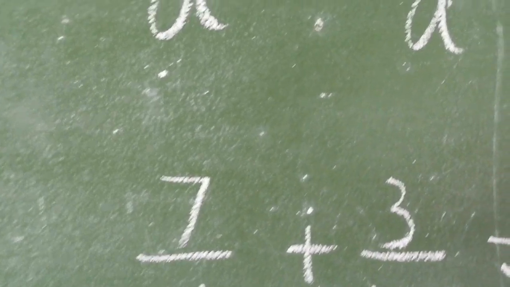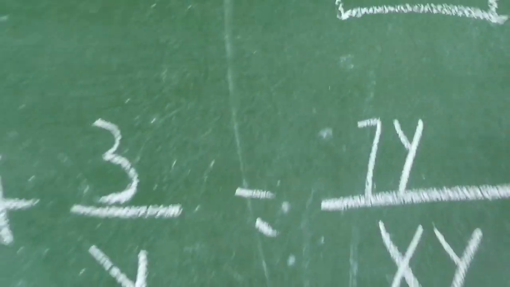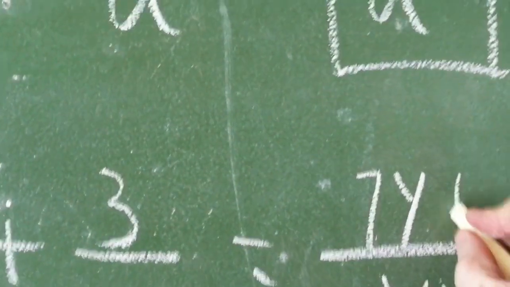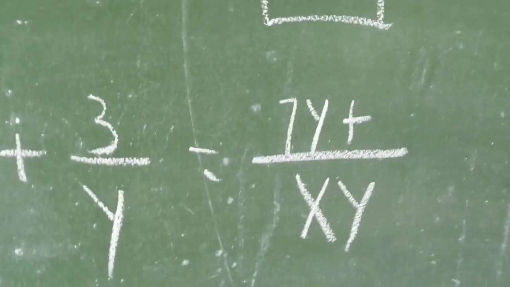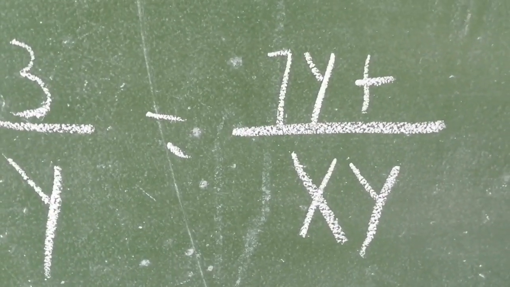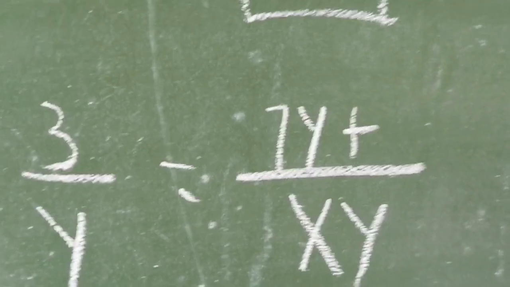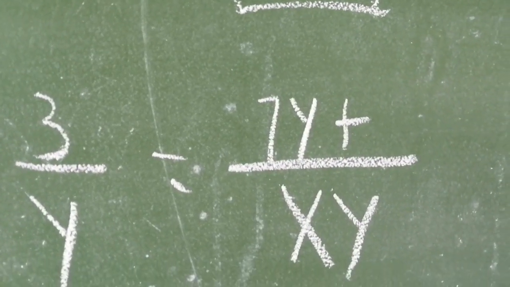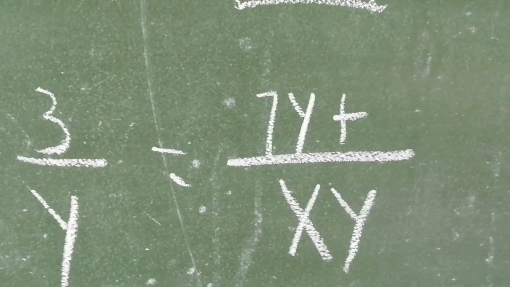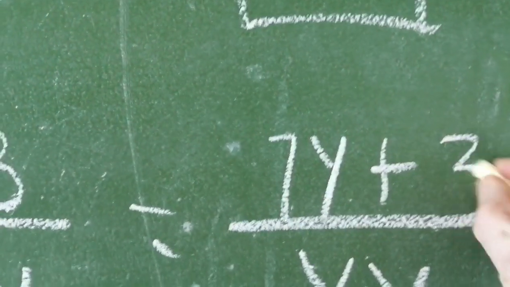So it will be 7y. Okay? And then plus, because it is addition, you go back again. The denominator xy divided by y this time. So you cancel out y. So x plus 3x.